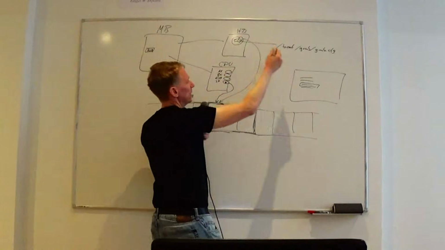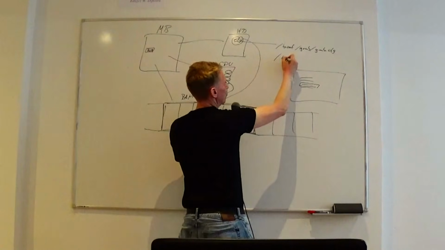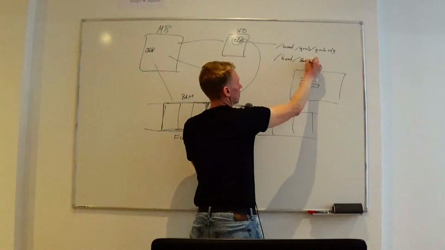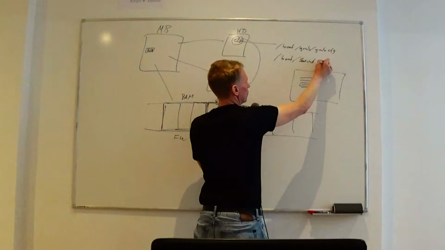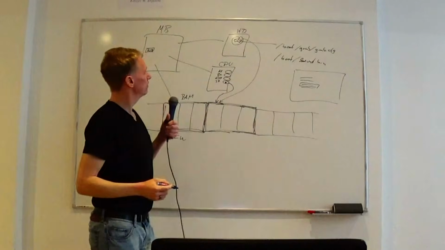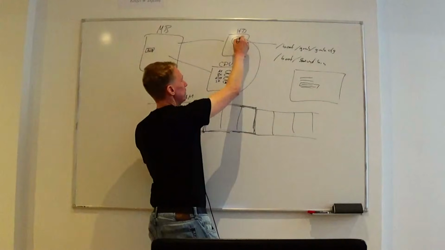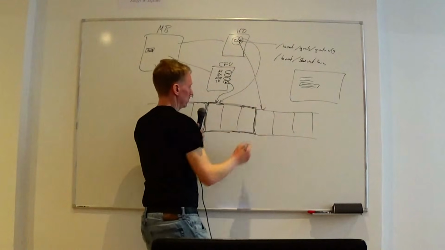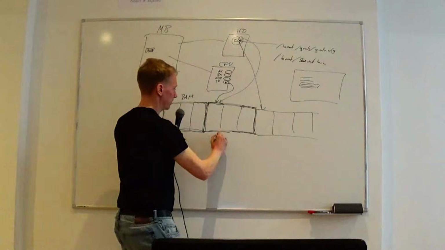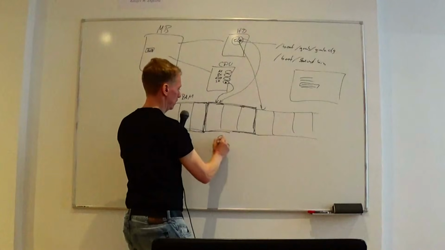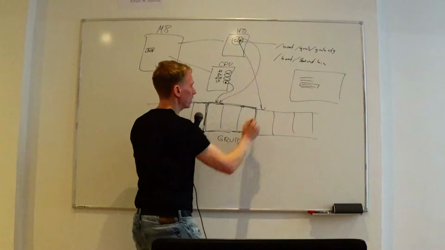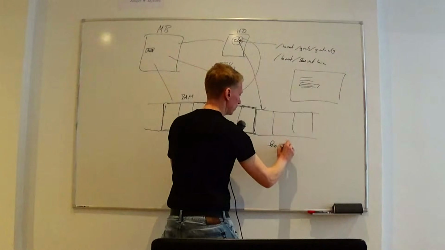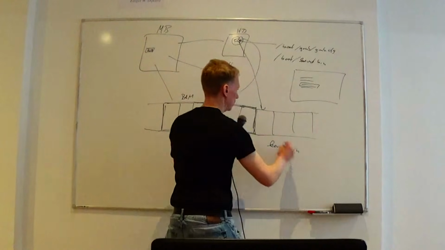Now I need to load /boot/kernel.bin, for example. So it will load this file, which might be here. Then it will copy this kernel.bin also to the RAM.